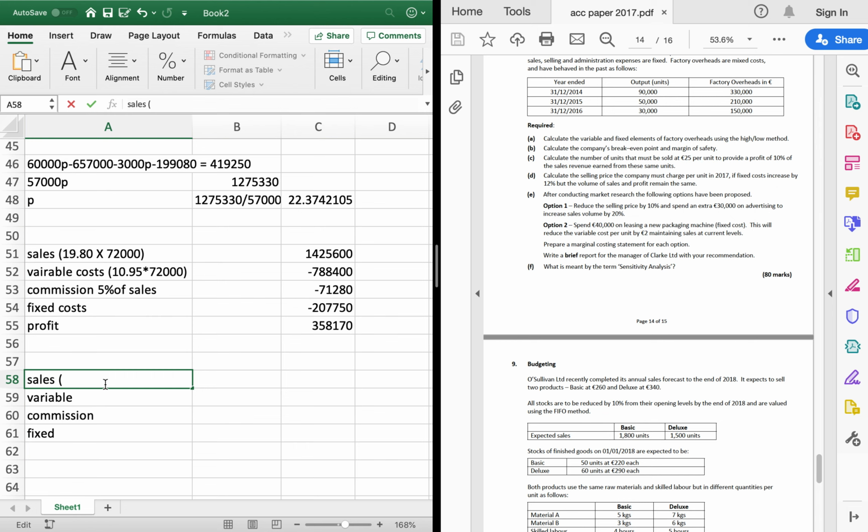So it's going to be the same price, 22 by 60,000. The variable cost is going down by 2 per unit, so it's going to be 8.75 by 72,000.